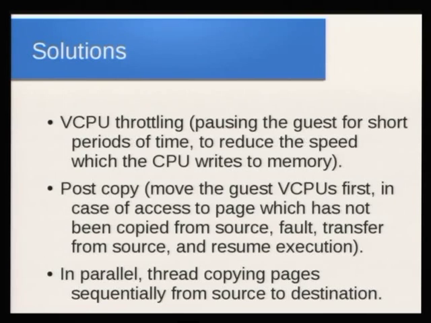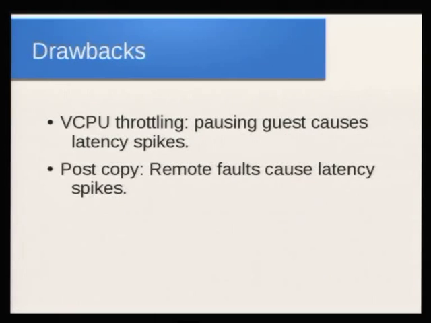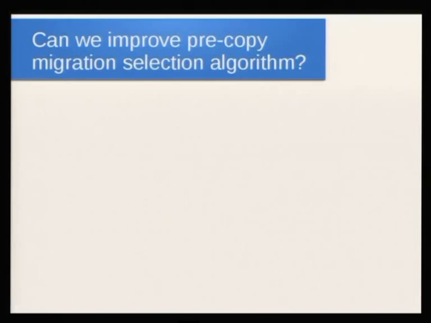If there's a fault on the destination, the fault will transfer the page from the source and resume execution. Both of these solutions have drawbacks. vCPU throttling causes latency spikes, and post-copy also suffers from remote faults causing latency spikes. So I wanted to know if we can improve migration in some way.